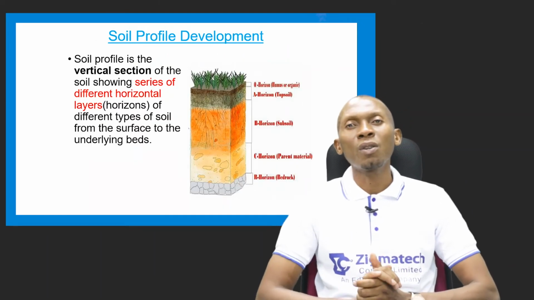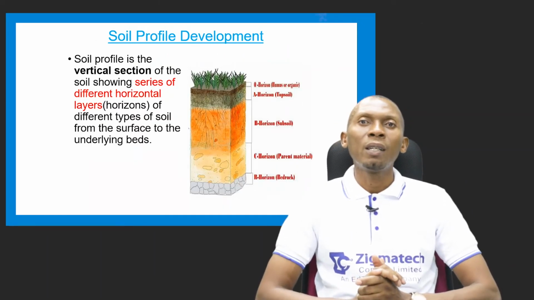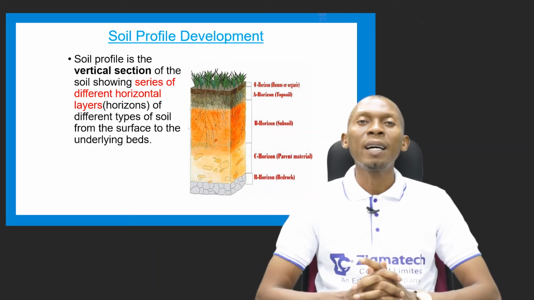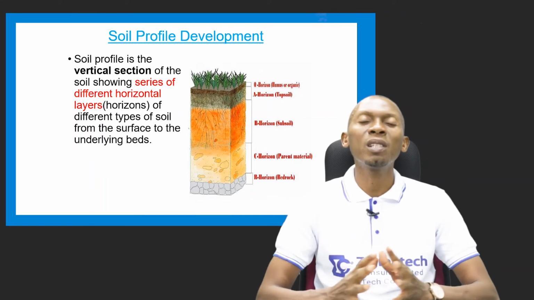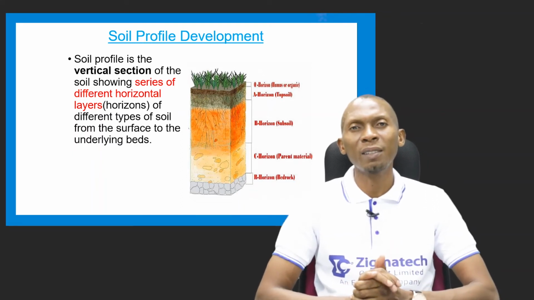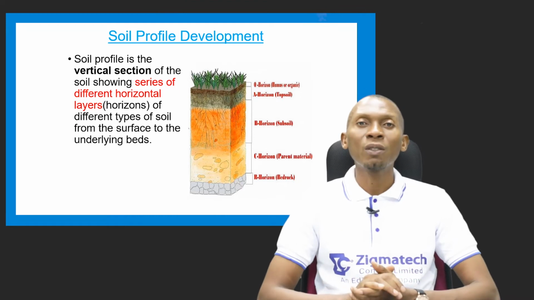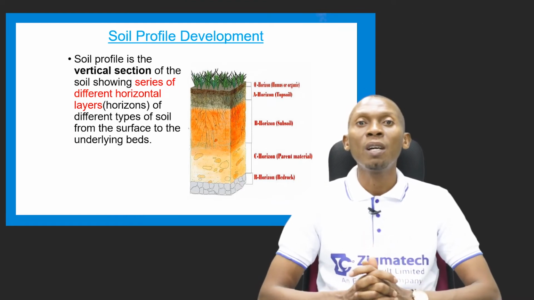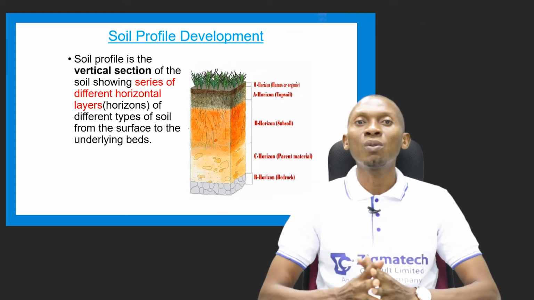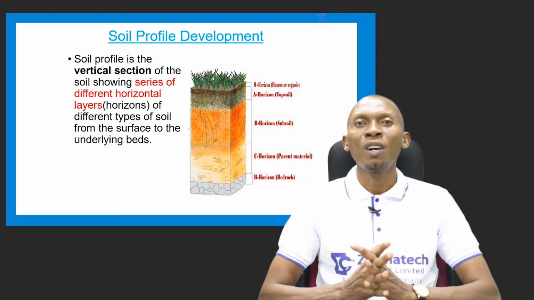Now let's look at the soil profile. Soil profile has to do with a vertical section of the soil which shows a series of different horizontal layers, or different horizons, of the soil, from the surface to the underlying beds of the soil.